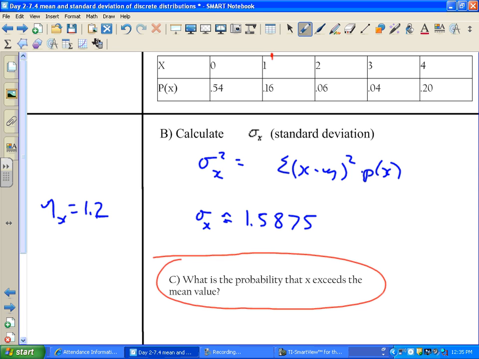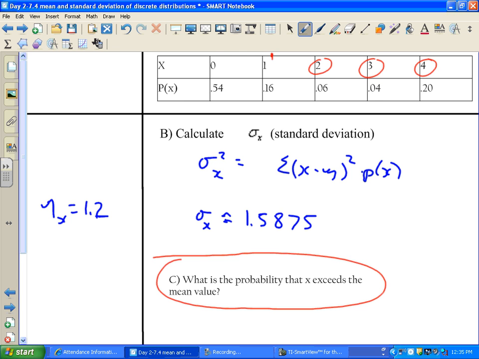Because this is where students make their mistakes. Bigger than the mean value, since 1.2 is in this level, they tend to count that. No, that's the probability that there's one defective tire. 1.2 is more than one defective tire. So things that are greater than 1.2 are the 2, the 3, and the 4.